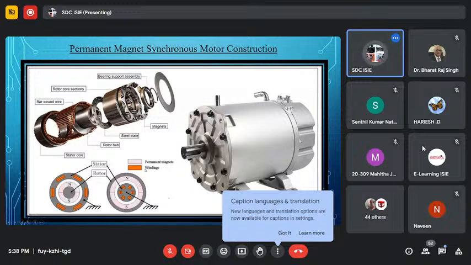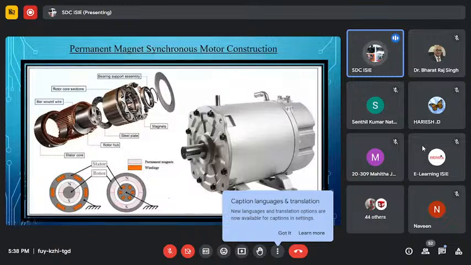Again, here are the two types of PMSM motor. In the first one, the rotor is inside, the permanent magnets are placed inside, and the stator is at the outer side. In this other motor, the stator is at the inner side and the rotor is at the outer side.